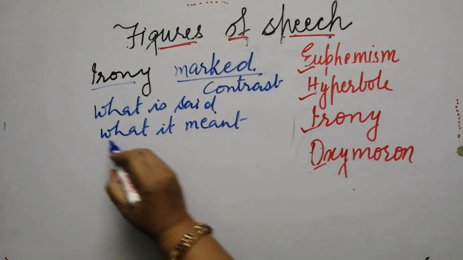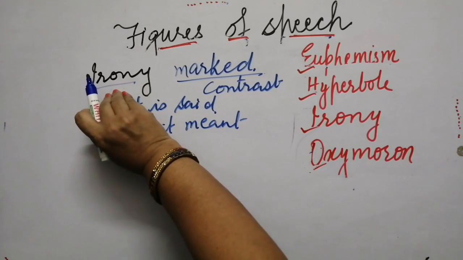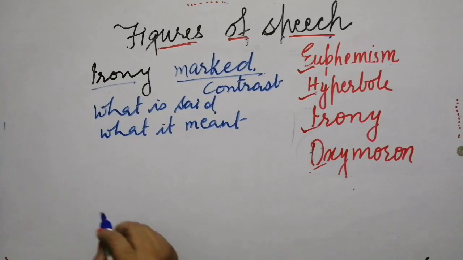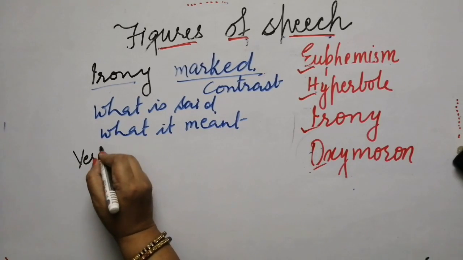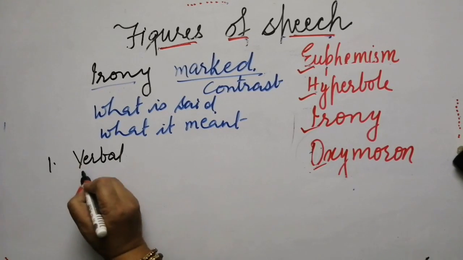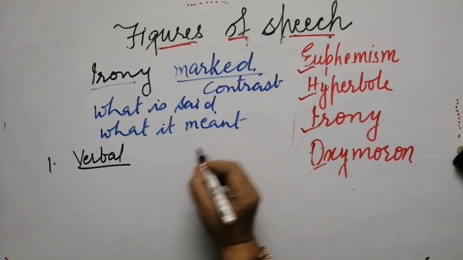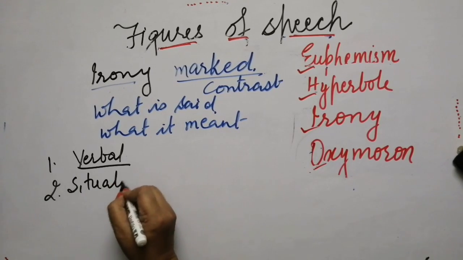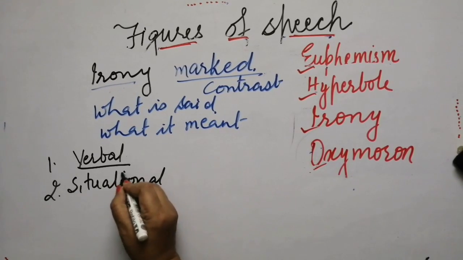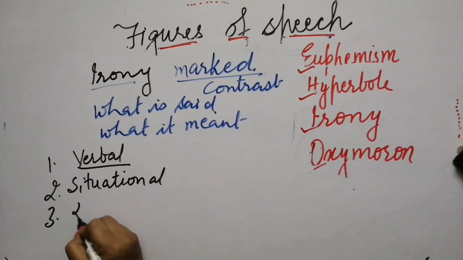Okay, so this contrast creates irony. Now we have three forms there. We are having three types of irony we study. One is verbal. Okay, then we have situational, and third one is dramatic.